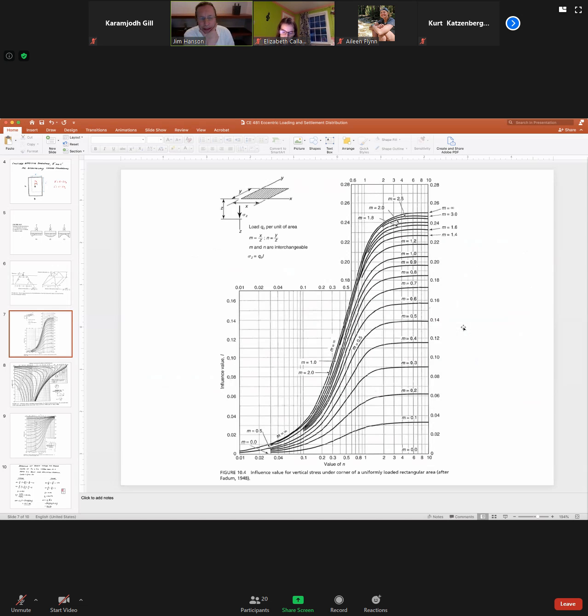I spoke of a normalized approach, normalized dimension. And this is called an M. I'll just refer to this as an M and N chart. I'll make this full screen.